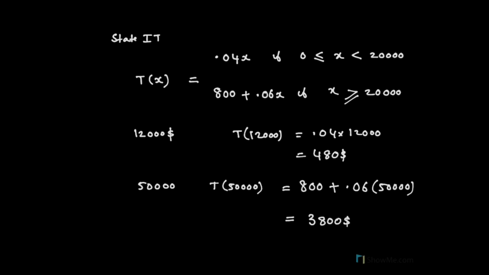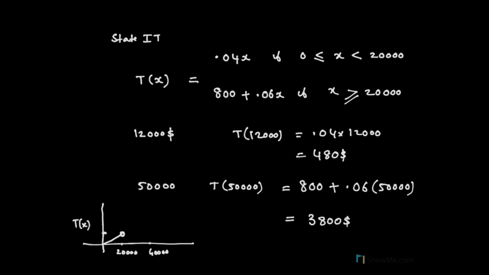Now if you were going to draw the graph of this function, imagine you're drawing a graph, say this is your 20,000 income and this is the tax you're paying. So you have 20,000, 40,000 income and so on. So from 0 to 20,000, it goes at a steady rate like this.